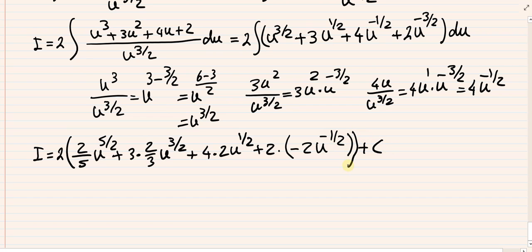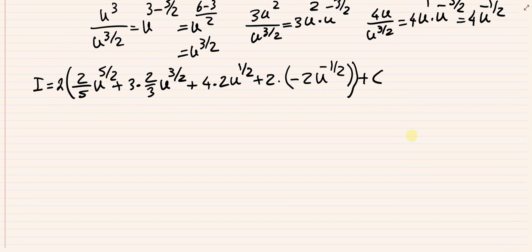And of course the 2 on the outside multiplies with all of them. We are almost done with this one, nearly done. All I have to do now is replace and just kind of tidy up the coefficients a little bit, right? So we're going to get 4/5. Remember what u was, the square root of x minus 1.